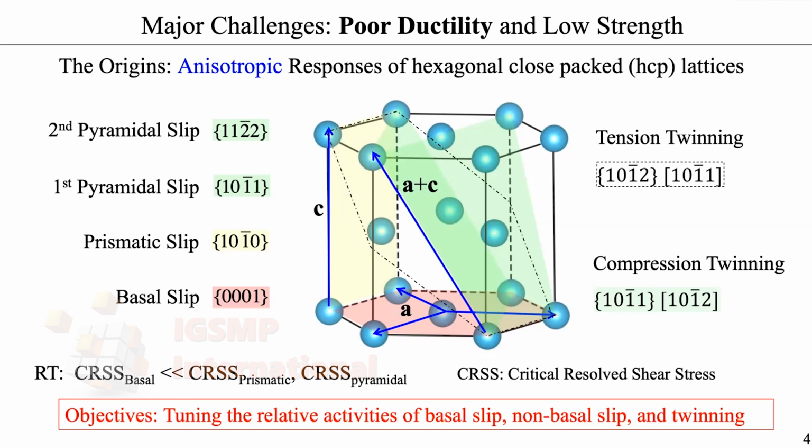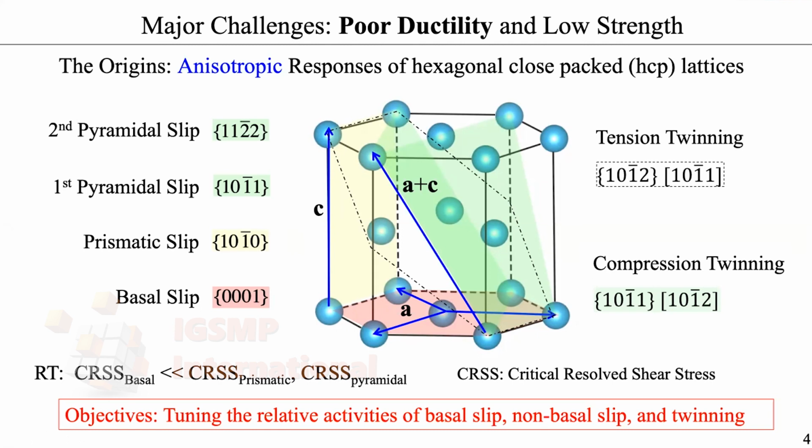And to accompany this problem, these alloys may also induce the so-called twinning, another deformation mode. In that way, it will introduce the so-called texture, and that makes the anisotropic response even worse.